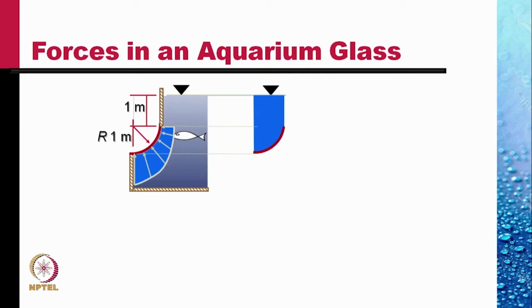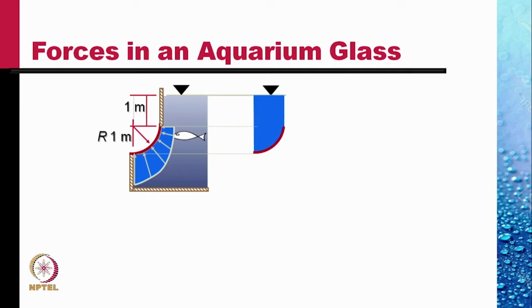To determine the vertical force on the bottom of the glass plate, we recognize that this would be equal to the downward vertical force on the top of the glass plate if there was water up to the height of the free surface.